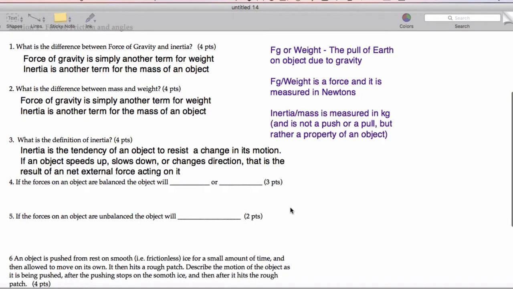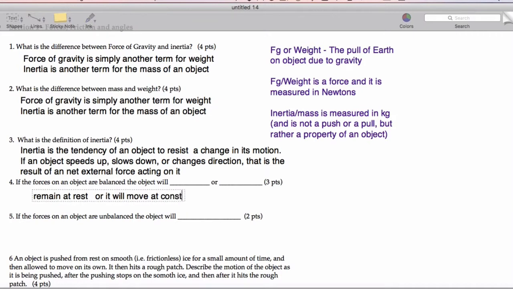Okay, continuing on. If the forces on an object are balanced, there are 2 possibilities that will happen. One thing is the object will either remain at rest or it will move at constant velocity.